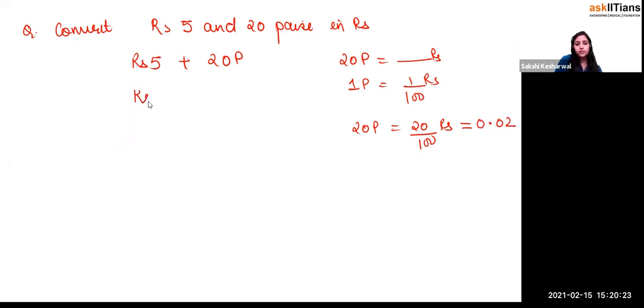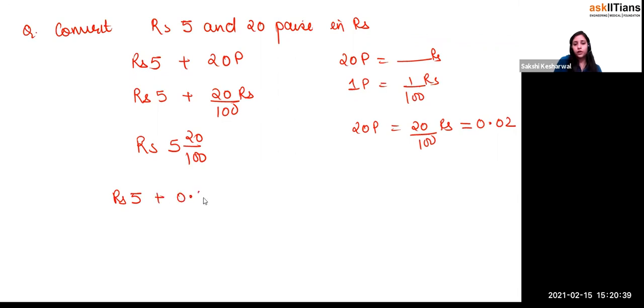So can I write this as 5 rupees plus 20 by 100 rupees? Or this can be 5 whole 20 by 100. Or can I write this as 5 rupees plus 0.2 rupees? This is equal to 5.2. That is also the answer. So this is also the way.